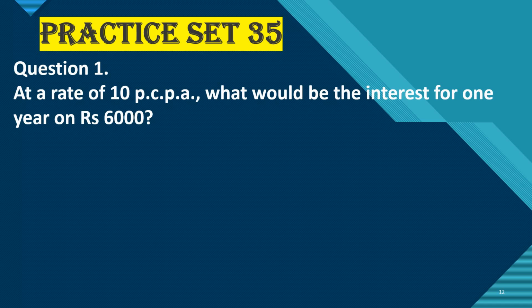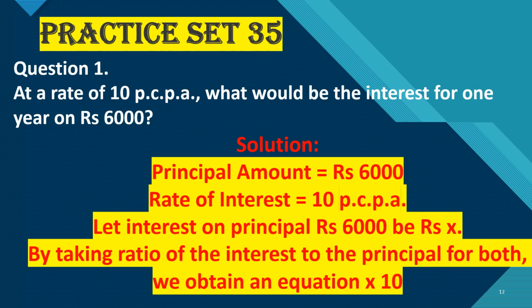Let's see the solution. Here the principal amount is 6,000, rate of interest is 10% per annum. Let the interest on principal rupees 6,000 be rupees X. By taking the ratio of the interest to the principal for both, we obtain an equation into 10.